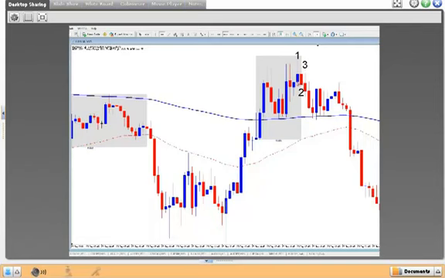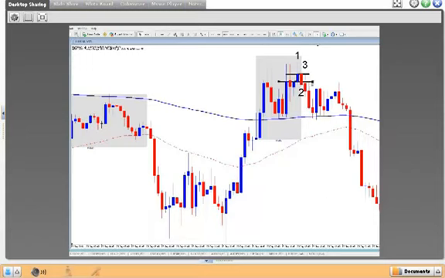It pulls back into, and I'm going to wrap these lines around the body of that candle. Actually, let me draw a line here to be a little bit clearer. This candle here, notice how that third candle pulls back into the body of that reversal candle.